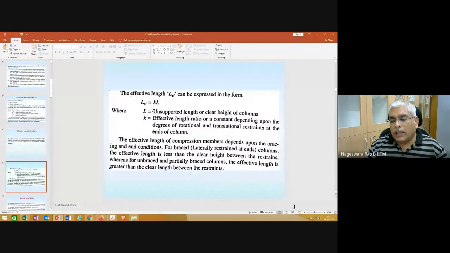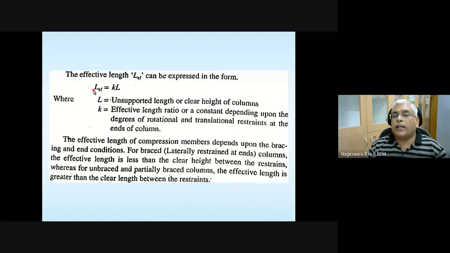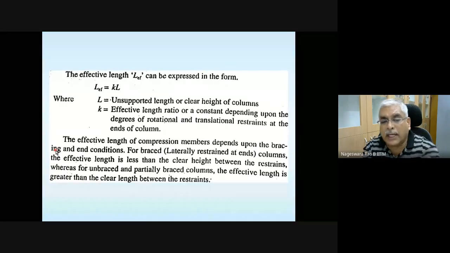Whatever we just noted is written here for completeness. Effective length is some factor K multiplied by the unsupported length. The effective length ratio, or effective length of a compression member, depends on bracing and end condition.